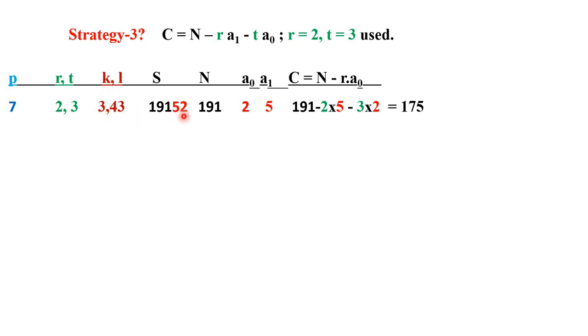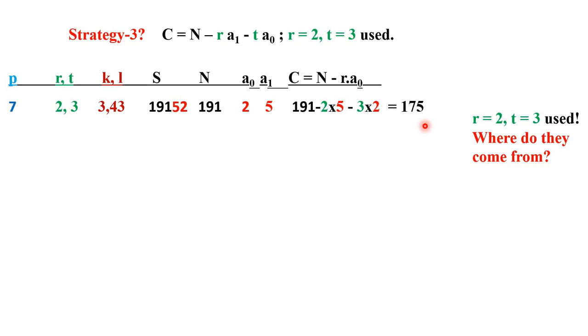We have dropped 2 digits to get 191, and then we have subtracted R A1, R is 2 and A1 is 5, so 2 into 5, minus T A0, T is 3 and A0 is 2, so 3 into 2. So this time you are getting in a single step 175, and probably you are happy that, okay, 175 I can visualize that it is divisible by 7.